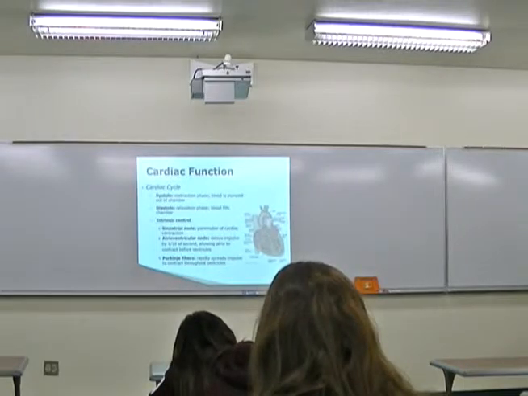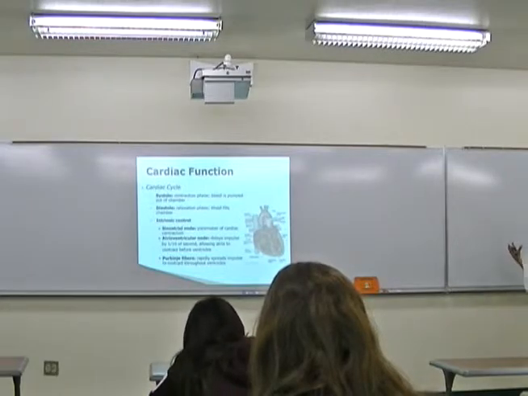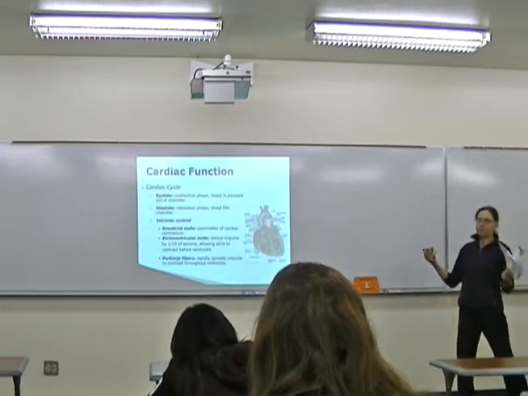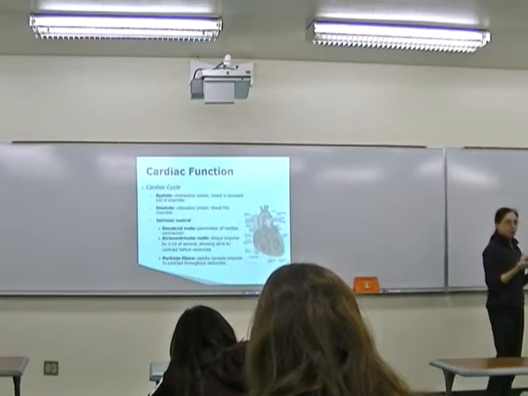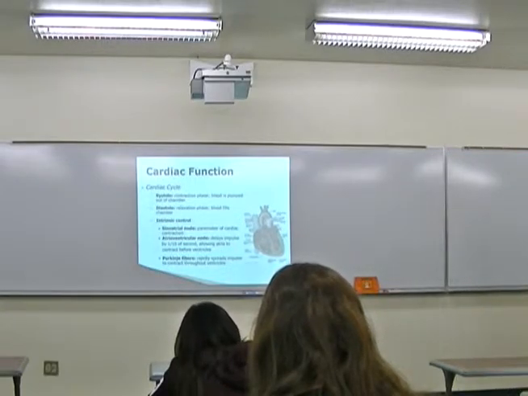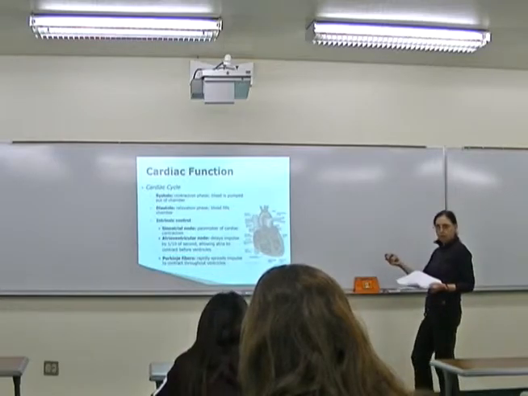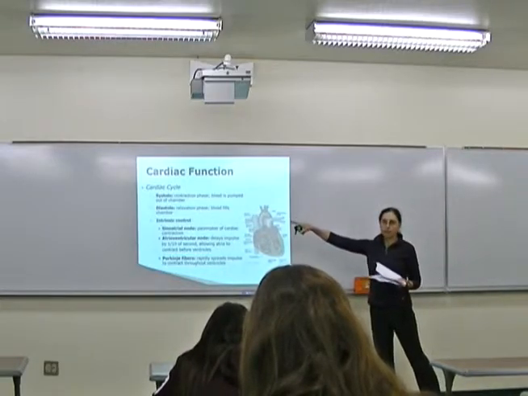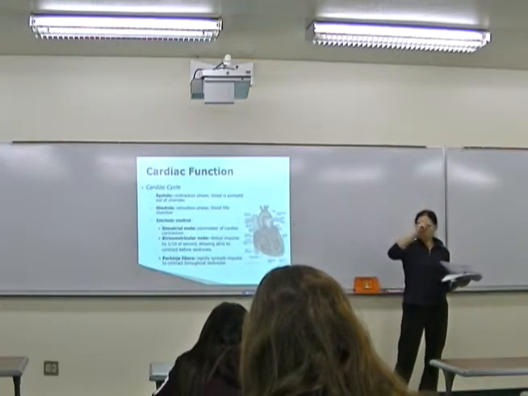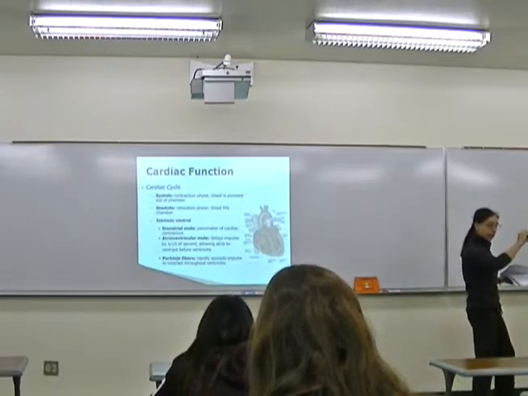All right, so cardiac cycle then, what's the pattern of contraction that we see in the heart? Okay. And the other day we measured blood pressure in lab, and I said that the high number that you get when we measure blood pressure is the pressure during contraction of the heart, systole.